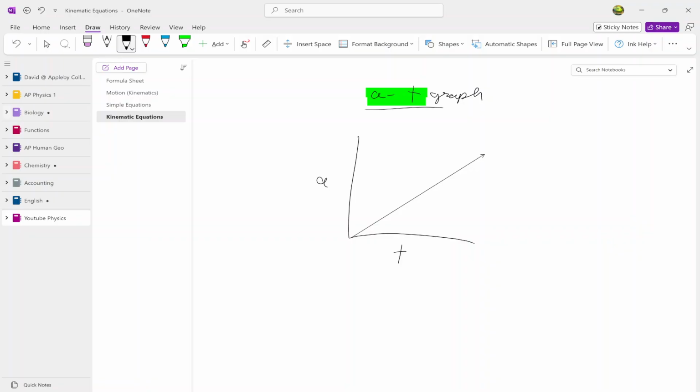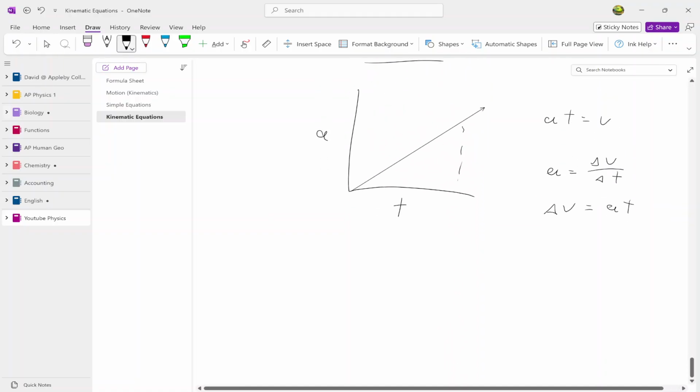But the area is what matters, because A times T equals V, because A equals change in V over change in T. So if you want to find velocity, it equals AT. So let's say I was accelerating at 3.5 meters per second squared for 8 seconds. How fast am I traveling? Well, if you multiply it by time, you're really trying to find the velocity.